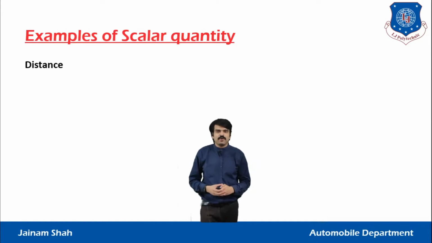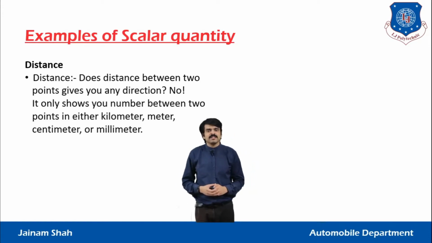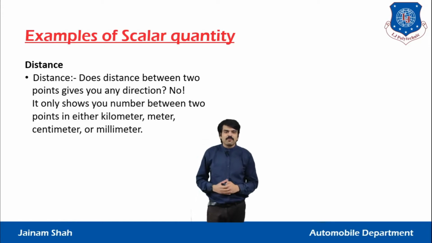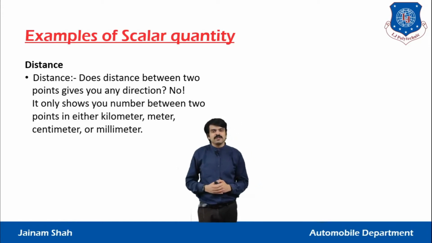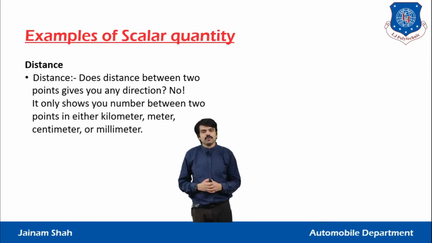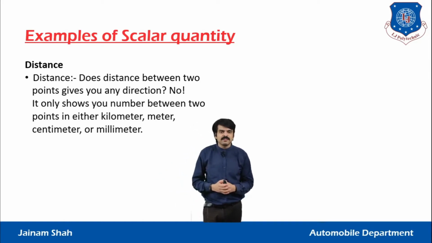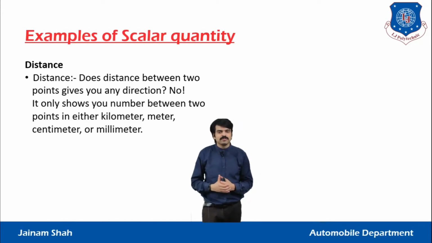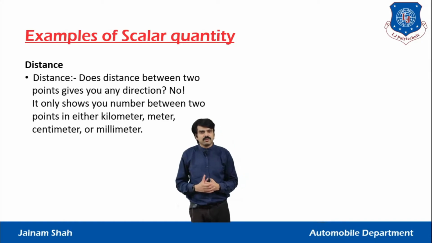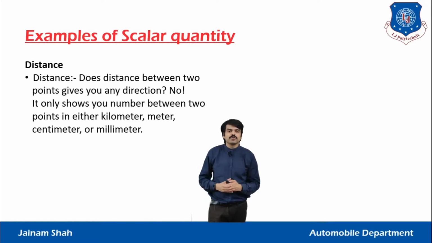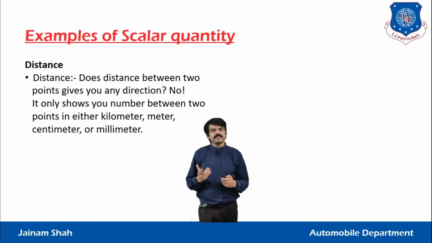Then let's look upon distance. Distance is also a scalar quantity. Why do we require distance? To measure a certain length between two points, such as the distance between your home and your school, or the distance between two trees or two objects, but it does not show you any direction.